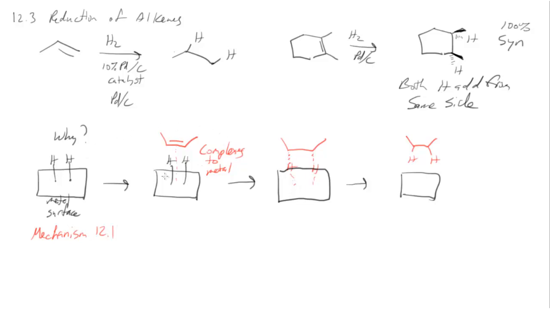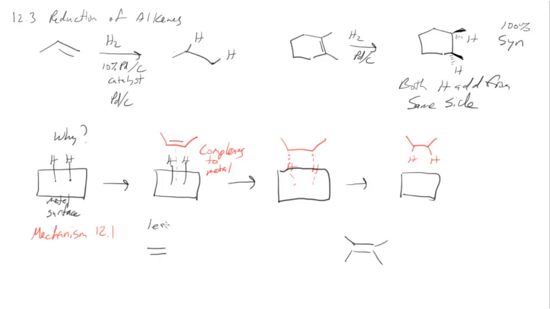Now, what about reactivity of different alkenes as it relates to being hydrogenated like this? Well, if you think about it, if I have an alkene with only hydrogens on it, versus, at the other extreme, an alkene with 4 different alkyl groups on it. To make this reaction happen, the alkene has to approach the surface of the metal.